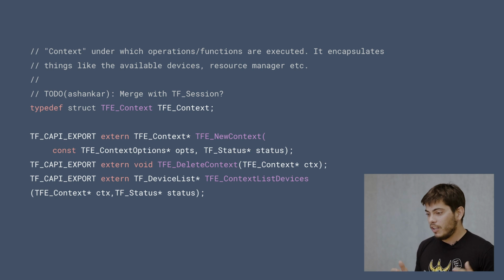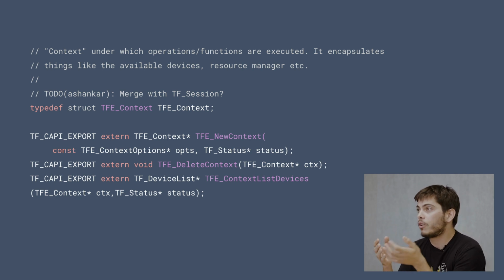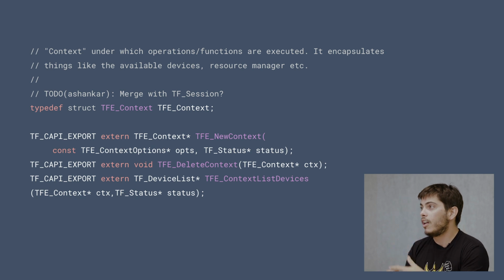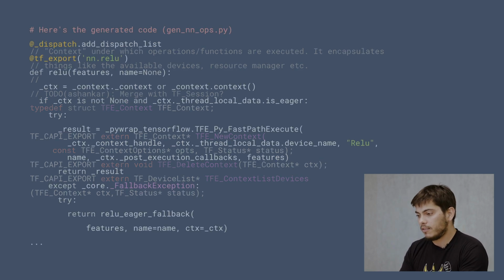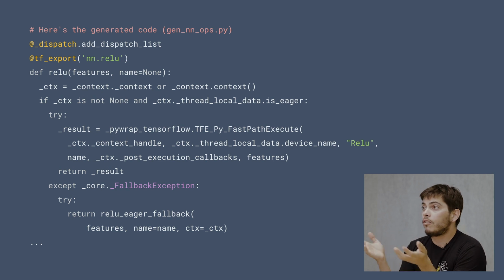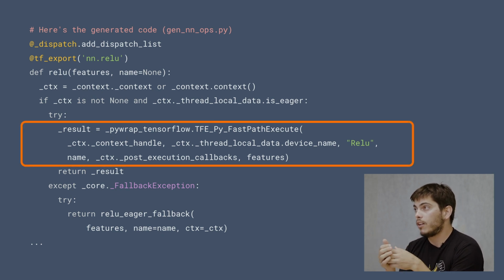And if everything in the context was in C++, then all the generated Python code could have just been C++ code, and would be able to get out of the overhead of executing Python much sooner and remove performance problems in our APIs. So once you know that you're in eager mode, we try to do this fastpath execute.